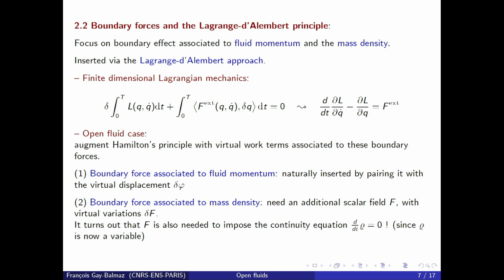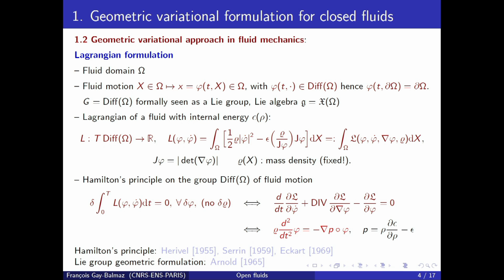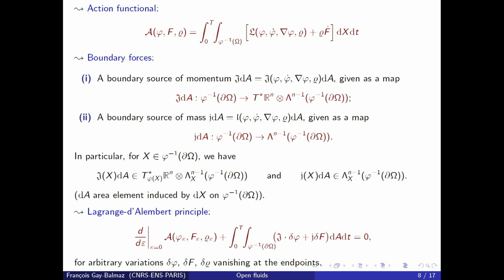And it turns out that this F is also needed to impose these continuity equations on the mass density, which we didn't have to do earlier because we were simply in the usual case of a closed fluid, right? So we keep these two ingredients, and we can build the following Lagrange-d'Alembert principle.